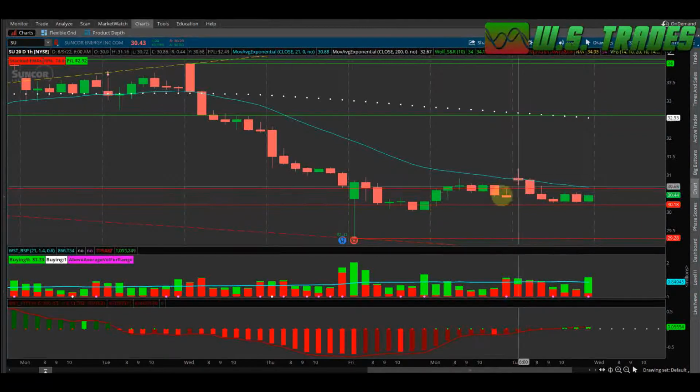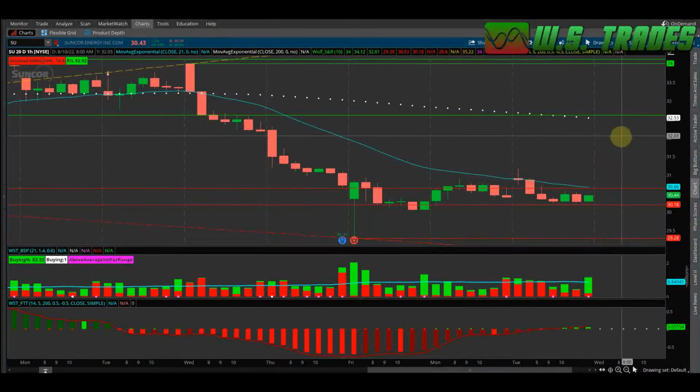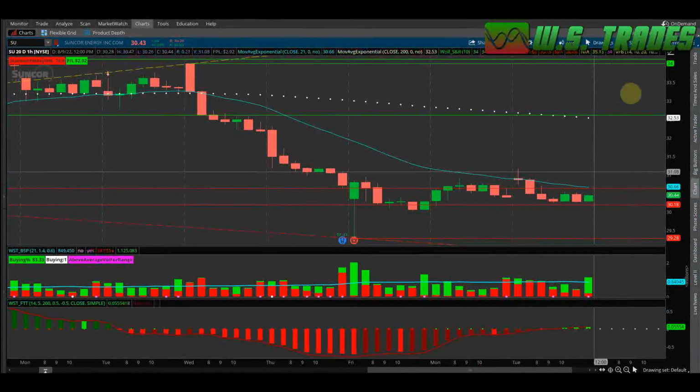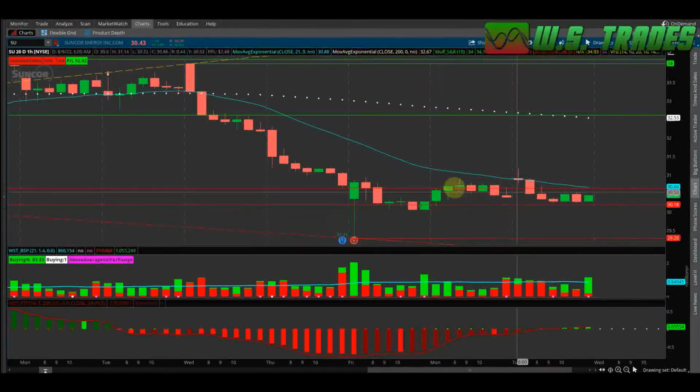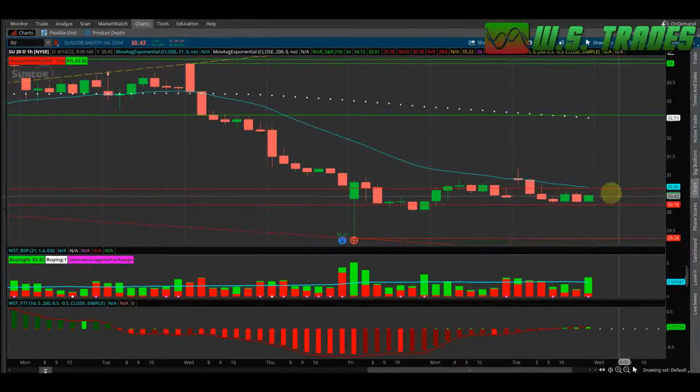So they're loading up all through this consolidation. Then they're going to have the markup, and they'll start dragging in people feeling the FOMO, saying "oh man, this thing's making new highs." But big money wants to keep this thing running sideways while they're loading up.